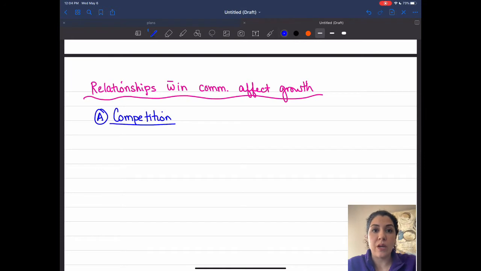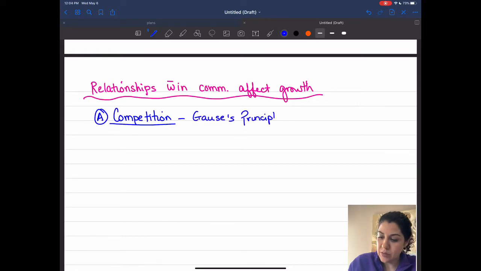And we know that competition is due to something known as Gauss's principle. It's actually known as Gauss's principle of competitive exclusion. And you might have heard about this in Bio 20, and you might not have referred to it as Gauss's principle.